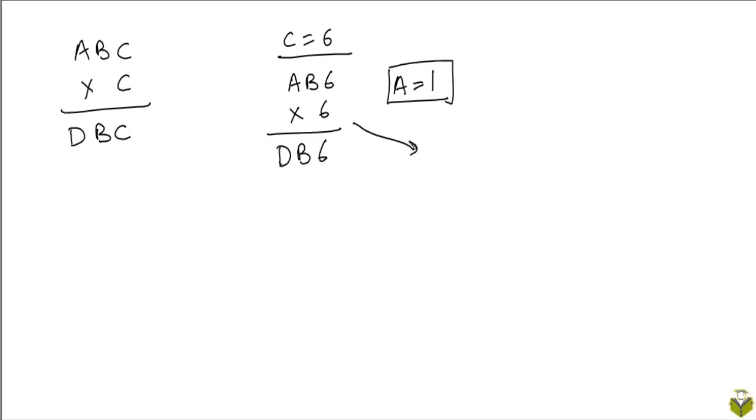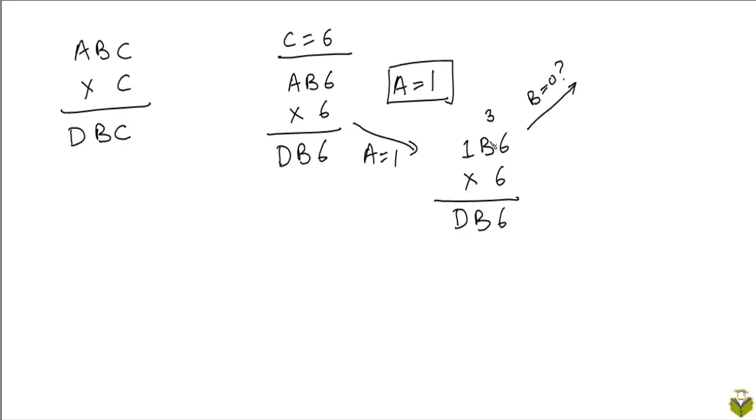So with A equal to 1, we can represent this same multiplication exercise as 1B6 times a 6 is DB6. Now 6 times 6 is 36, so we write a 6 here and we carry a 3 into the next column. Now let's enumerate the different values that B could take. Can B be a 0?